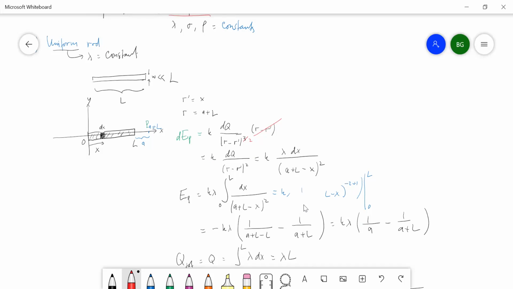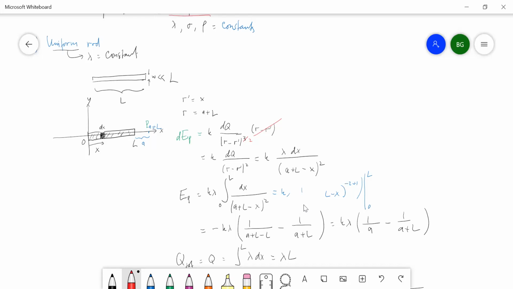So this R prime equals x, because it's related to the source coordinates, while the field coordinate from the origin is A plus capital L, where capital L is the length of the rod.